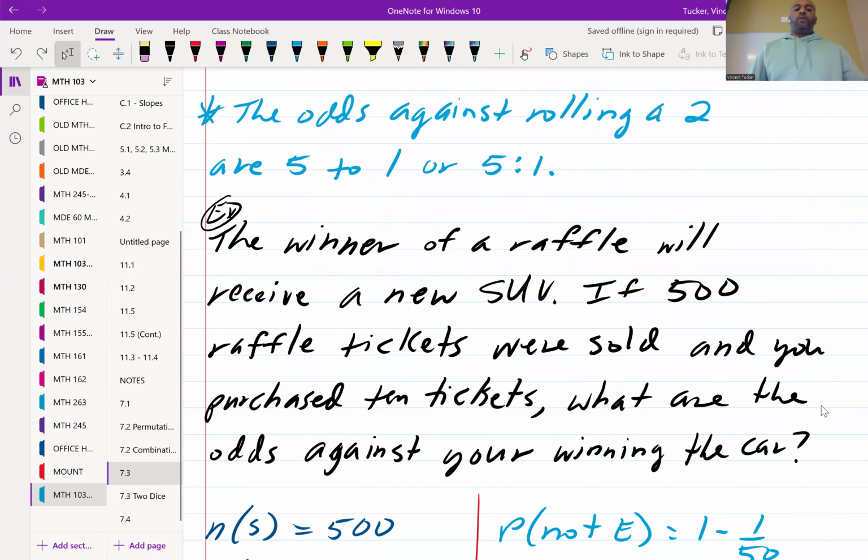The winner of a raffle will receive a new SUV. If 500 raffle tickets were sold and you purchased 10 tickets, what are the odds against your winning the car?